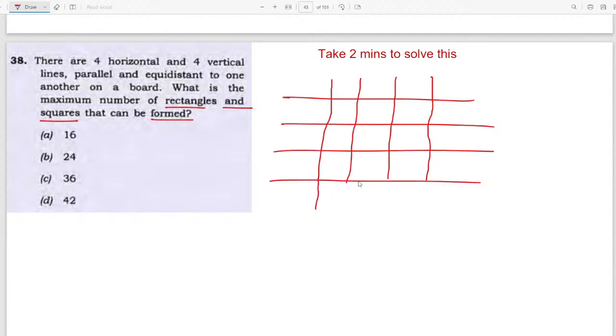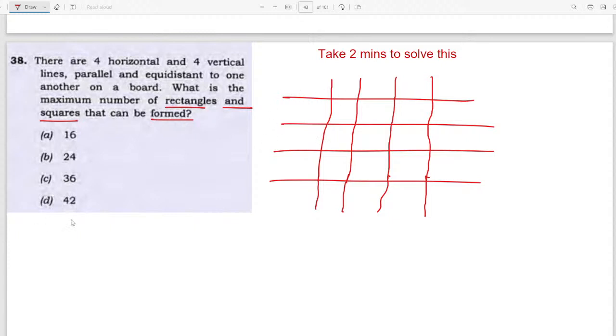What they're asking is, from these 4 horizontal and 4 vertical lines, what is the maximum number of rectangles and squares that can be formed?